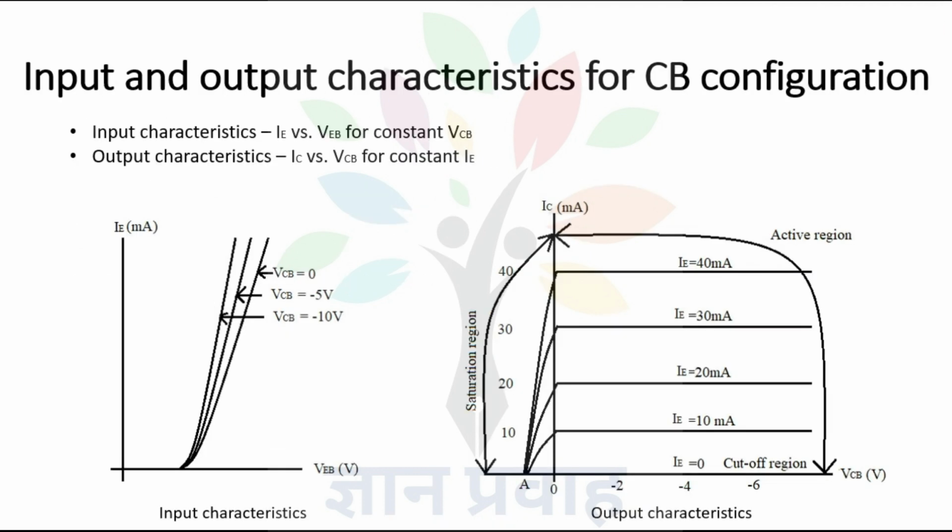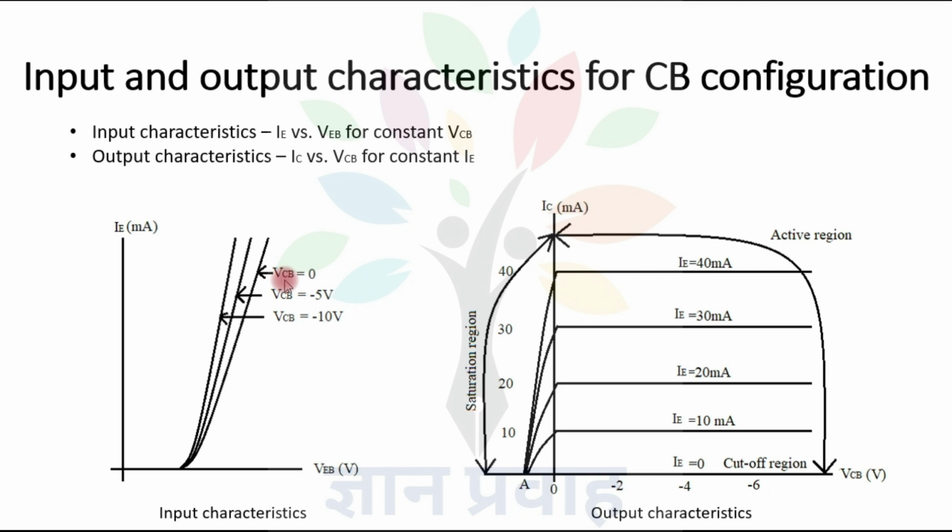Input and output characteristics for CB configuration. So this plot is showing input characteristics. The y-axis simply shows input current IE, and the x-axis shows input voltage VBE, for constant values of output voltage.